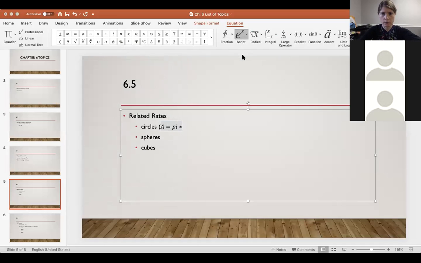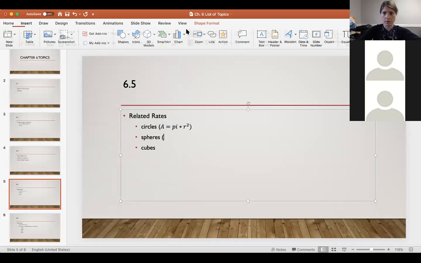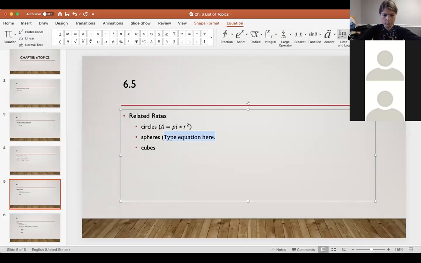So for some reason, I can't always navigate all my menus when I'm in Zoom. So pi r squared, and then think about for your sphere, the volume that you're going to need is 4/3 times pi times your r cubed.